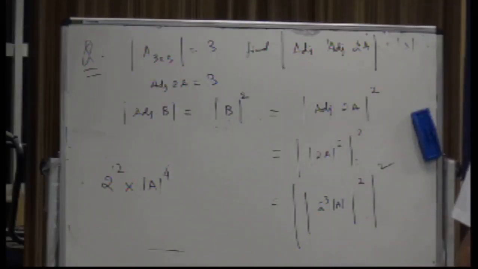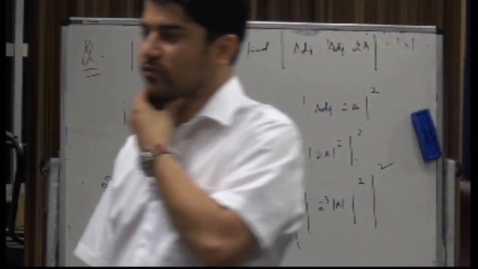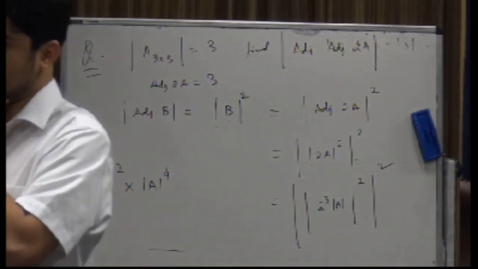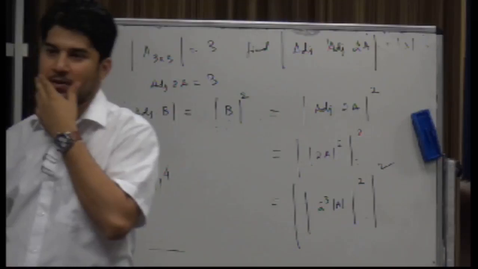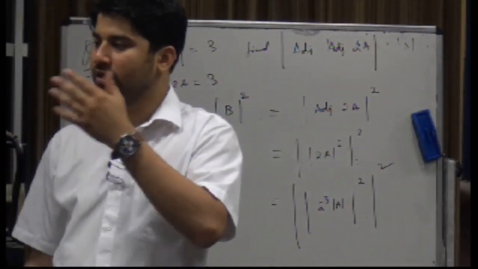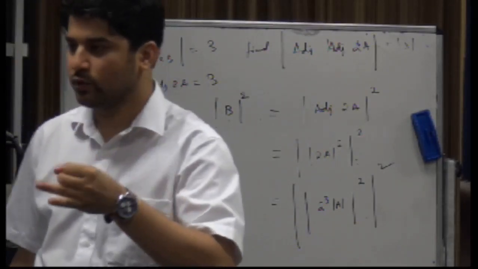Now coming to the most important application, it's called simultaneous equations. When you have to solve 3 equations of 3 variables, you have 3 ways basically. One is Cramer's law. One is inversion method, which you have to do in your board examination.